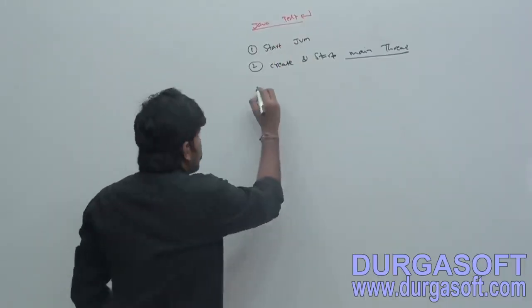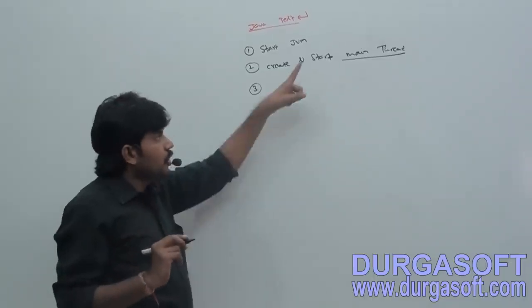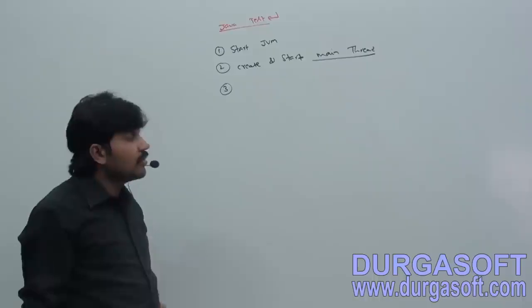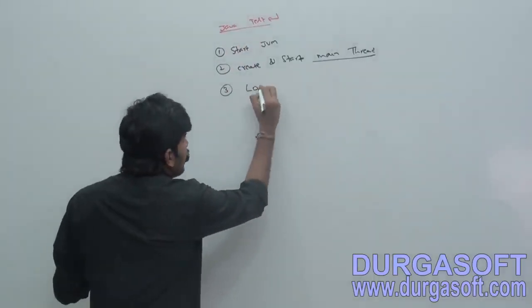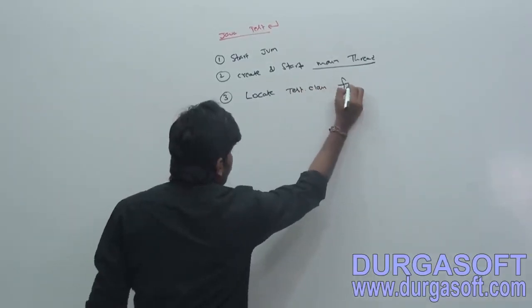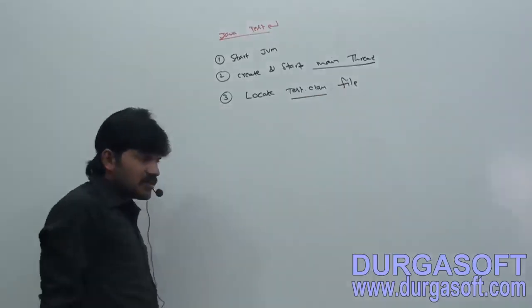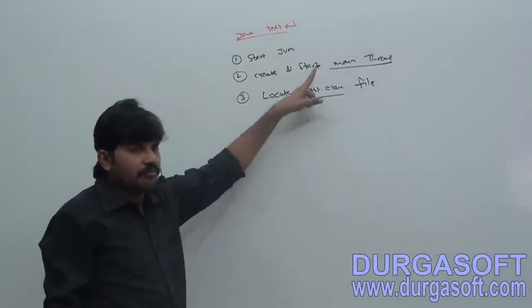Now the third activity. Immediately the main thread is going to check: boss, where is the Test.class file? Are you getting it? Locate Test.class file. Boss, is the Test.class file there or not? Who is responsible to search for this? The main thread.